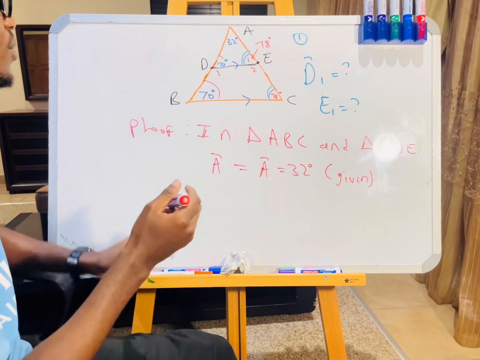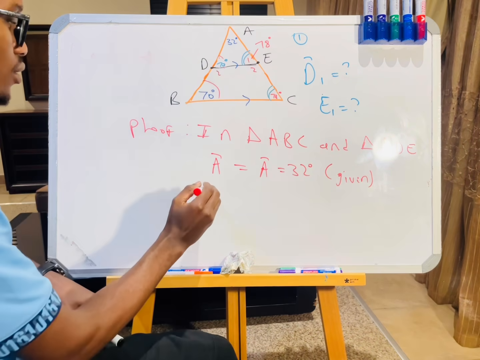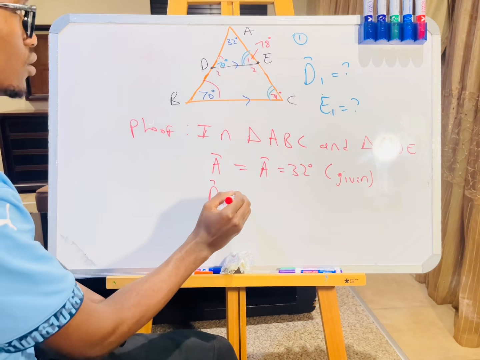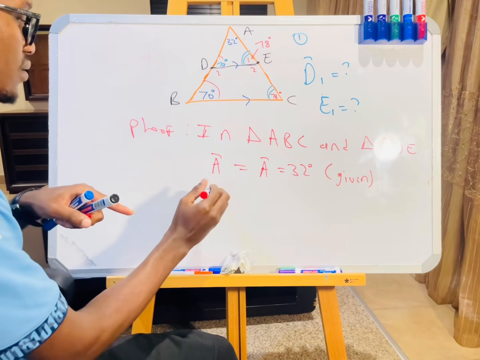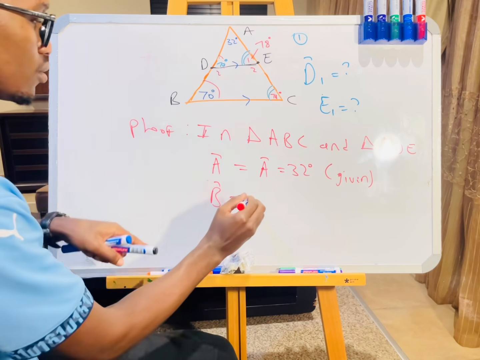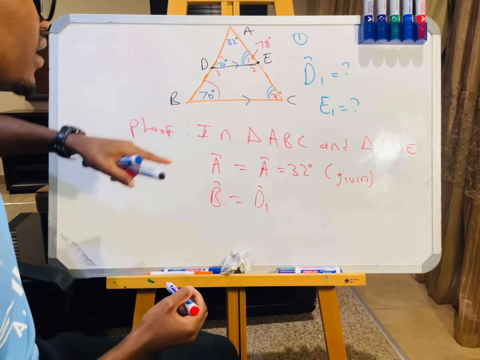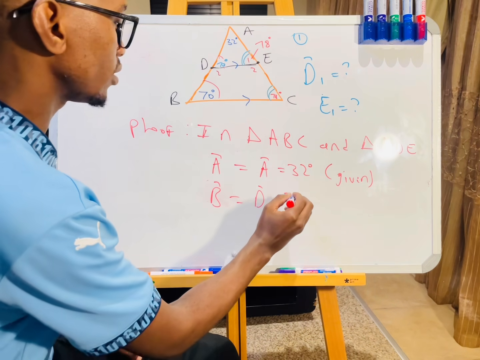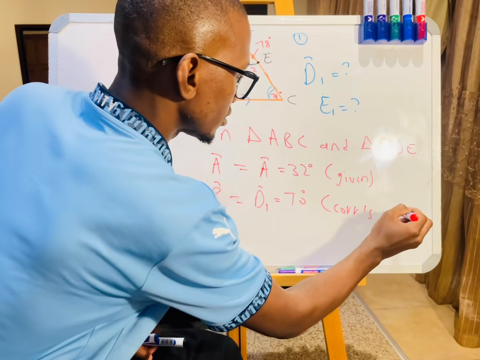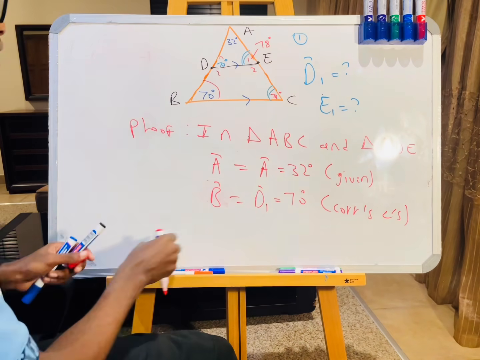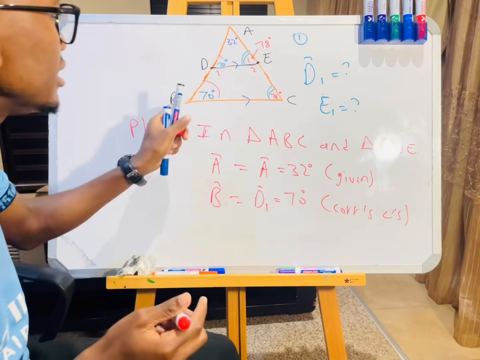And then another thing you can see, angle D1 equals, since it's ABC, angle B. So angle B, which is 70, equals angle D1, which is your angle ADE, right? They are both equal to 70 degrees. The reason is corresponding angles, because we see that the lines are parallel, which is your DE and BC.